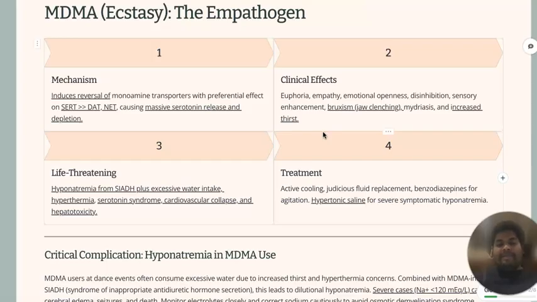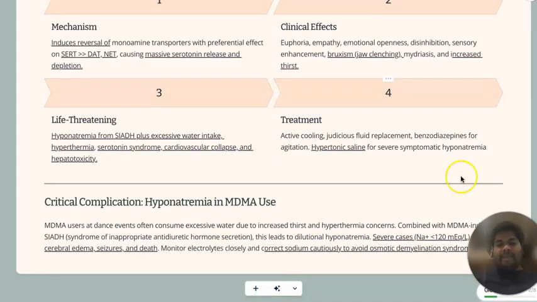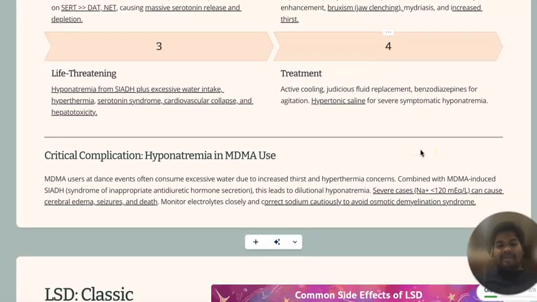Similarly it may lead to cardiovascular collapse and hepatotoxicity. So the treatment for this is benzodiazepines for agitation and hypertonic saline for symptomatic hyponatremia if the person develops so. And active cooling may be necessary if the person has hyperthermia, and fluid replacement if necessary.